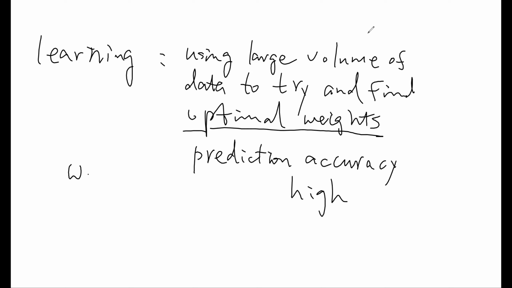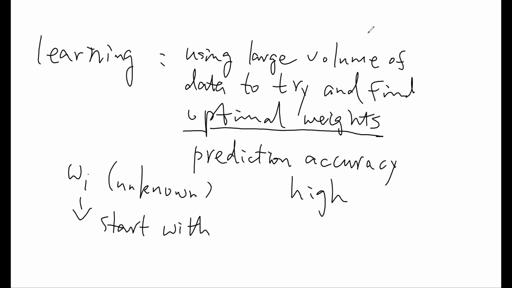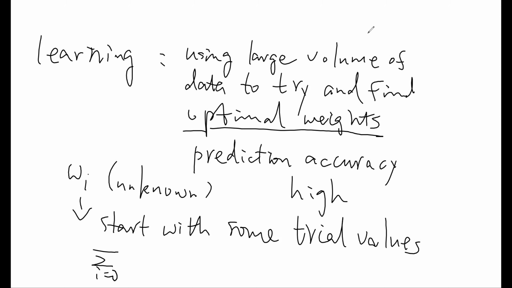The weights are unknown, but we can start with some trial values. With trial values, your sum over i from 0 to m of xi wi, this net input, will definitely not be that accurate. So you get the y hat, and it will not be that accurate.